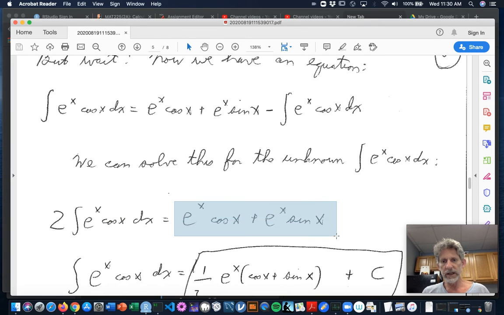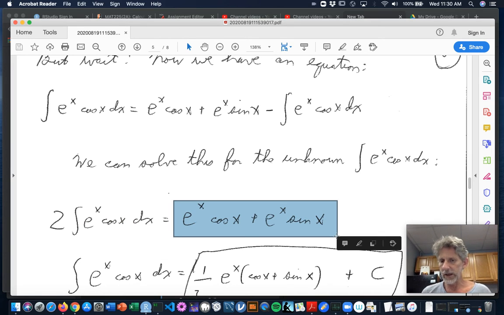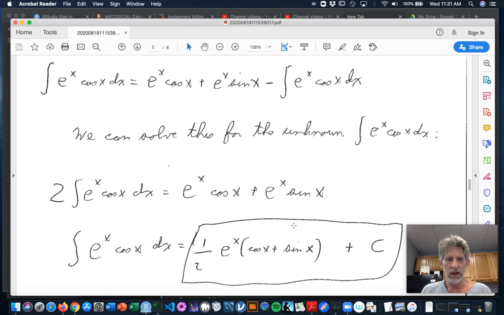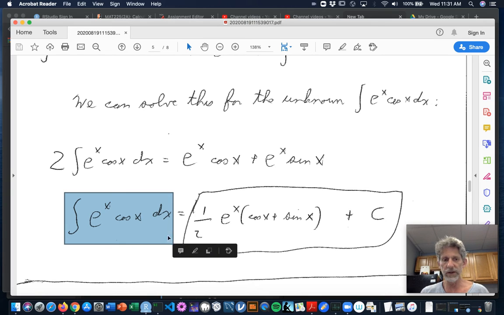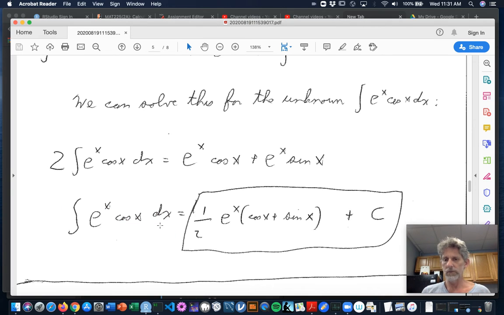And on the right, I'd get stuff involving x that I know. And if I divided both sides by 2, I'd have my unknown is 1/2 this stuff that I know. Great, that would be an antiderivative for e to the x cosine x. Tack on a plus c, and you get the family of all antiderivatives that makes up this indefinite integral that you want to find. Wow.